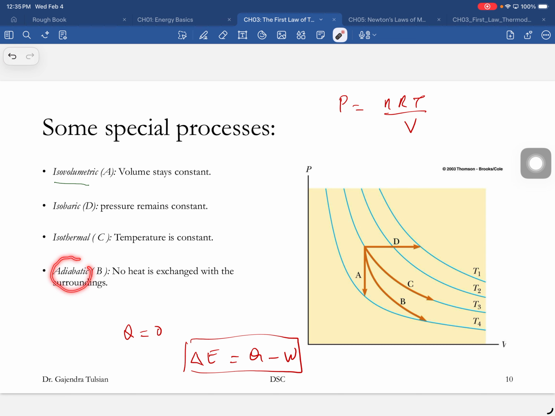An adiabatic process is where the system goes through a process without exchanging heat with the environment, absorbing or exchanging heat with the environment. So in an adiabatic process, when a gas expands, it does work. So when it does work, where does the energy for doing work come from? Well, you didn't absorb any heat.